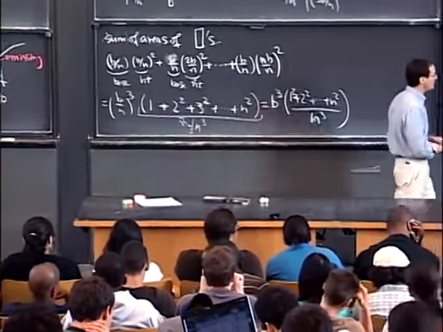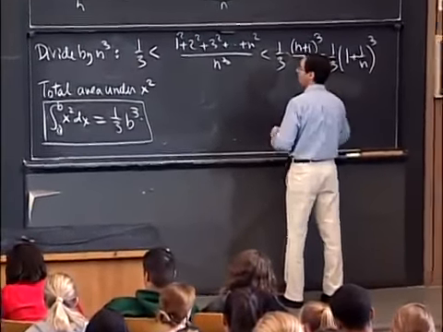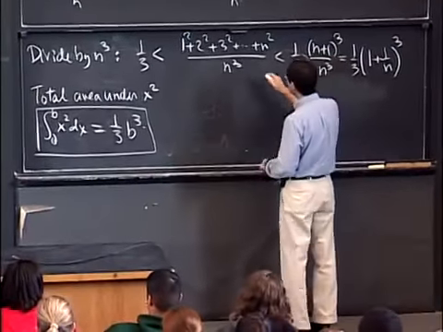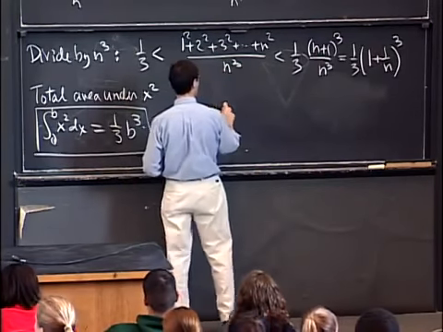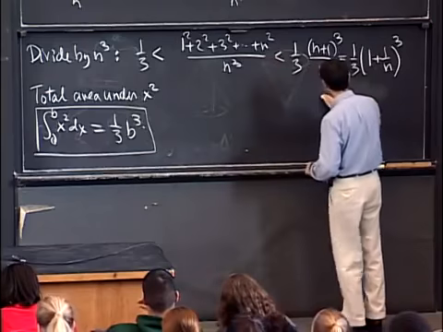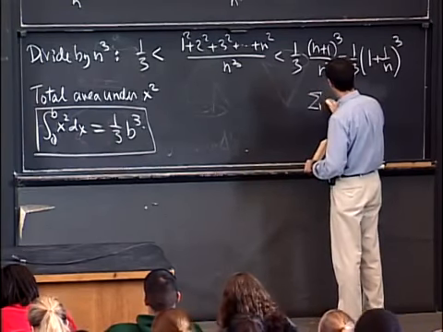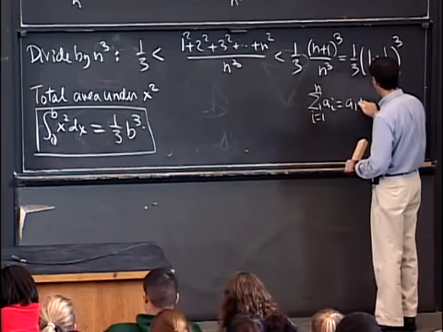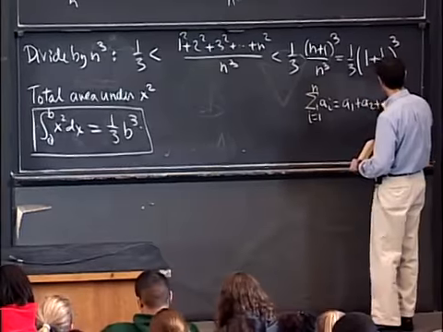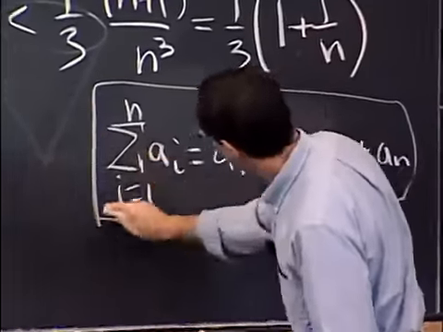So the idea of summation notation is the following. I'll illustrate it with an example first. The general notation is the sum of a_i, i equals 1 to n, is a_1 plus a_2 plus ... plus a_n. So this is the abbreviation.